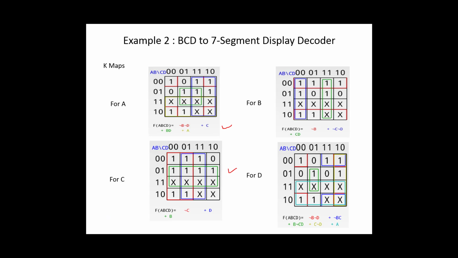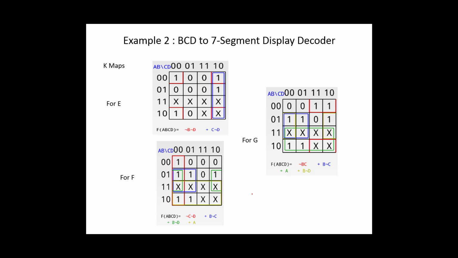And in this way we can constitute the boolean expression for all the segments of the display, starting from A, B up to G. And then in the last step we can map these boolean expressions onto logic gates, and we can design the logic diagram of a combinational circuit for the BCD to 7 segment display decoder. So this concludes our example 2. We will see you in the next video for more examples.